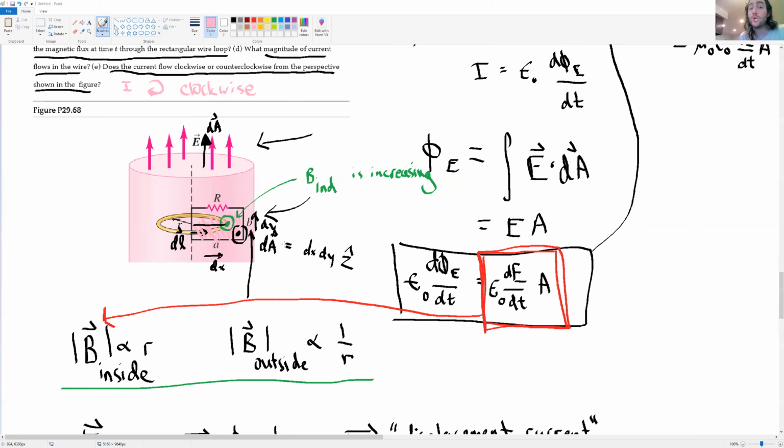Then to oppose that change, there must be a doubly induced magnetic field, which is going into that loop. And that doubly induced magnetic field will give rise to an induced voltage in the circuit loop, according to the right-hand rule. So that would indeed be clockwise, unless I'm mixing up my directions. No, that's clockwise. So there's a mistake there in the solution.